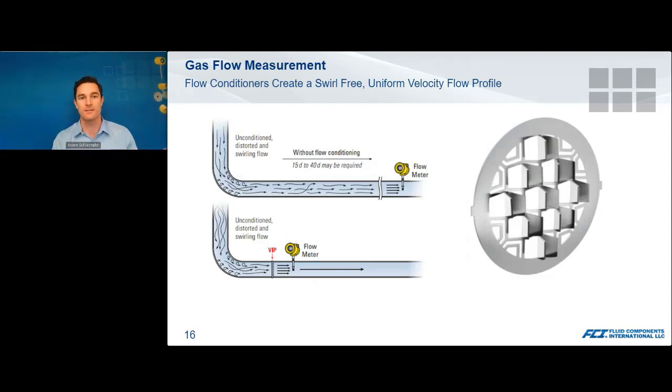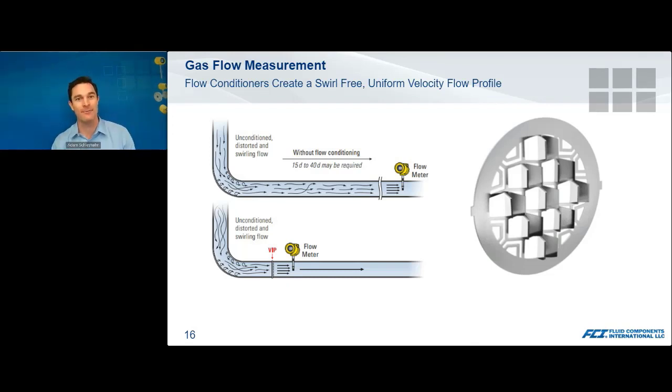And what does a flow conditioner do in a scenario such as this one? So a simple explanation I would give of a flow conditioner is an element that would be installed in a pipe upstream of an instrument, upstream of a flow meter, to basically knock out some of the disruptions in the flow to create a swirl-free, more uniform flow profile that could help with the accuracy.